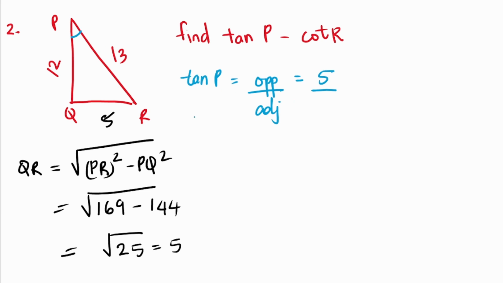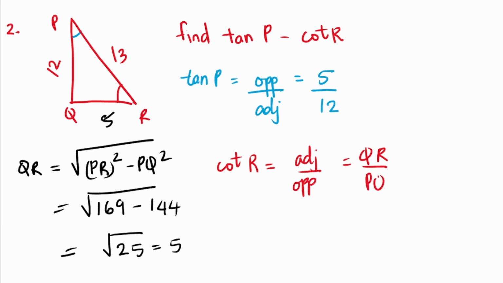Adjacent side is 12. And you need to find the value of cot R. Just be careful, it is not cot P, it is cot R. We have to find the angle with respect to R. Cot R is adjacent side divided by opposite side. Here adjacent side is QR, opposite side is PQ. QR is 5 and PQ is 12.